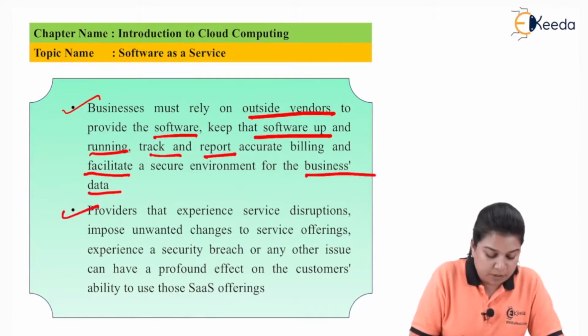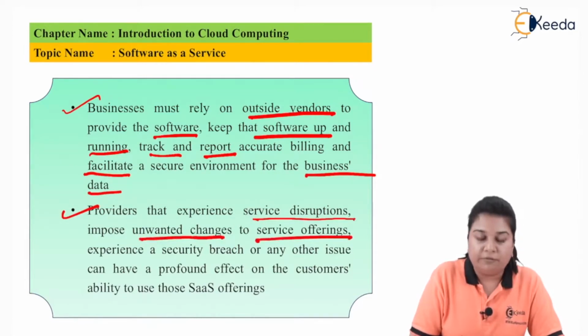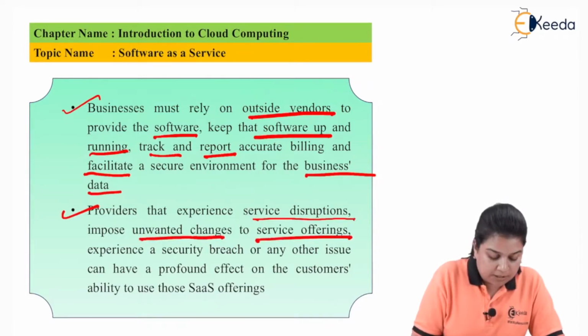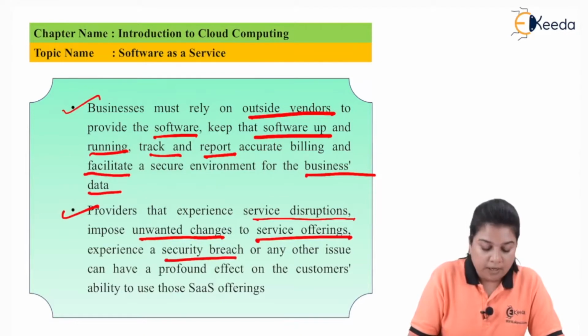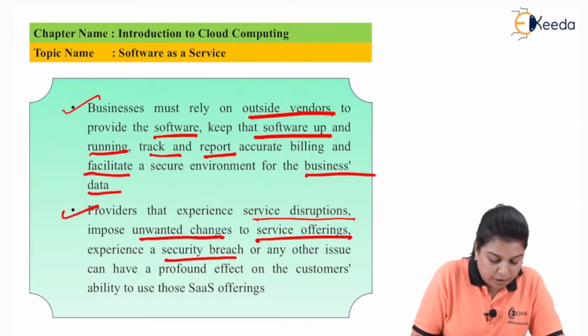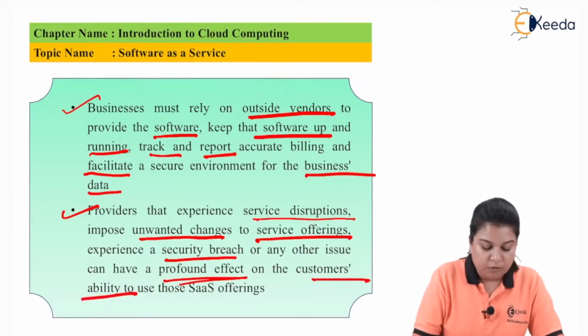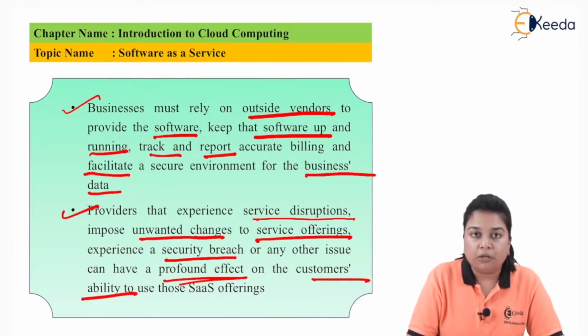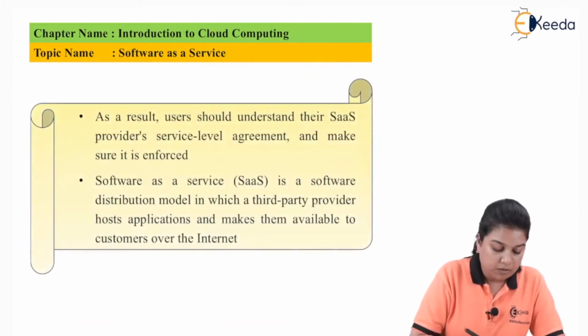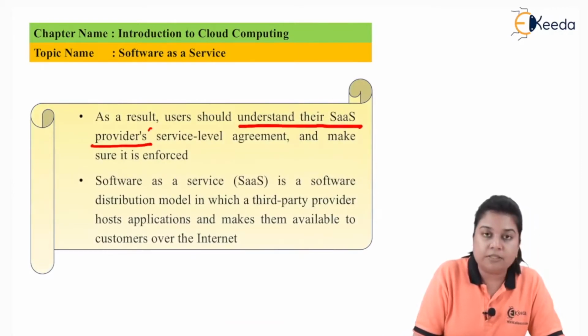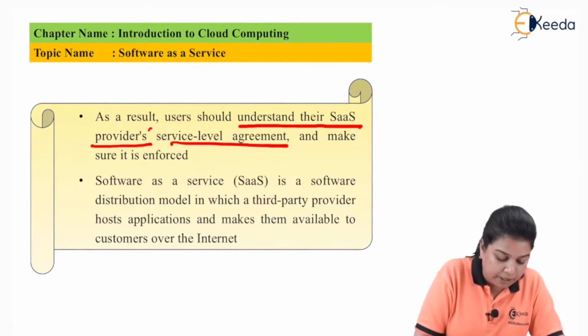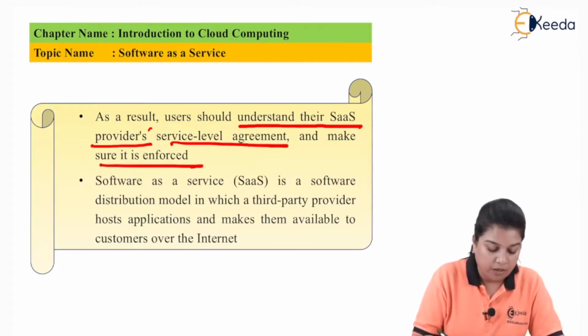Providers that experience service disruptions, impose unwanted changes to service offerings, experience a security breach or any other issue can have a profound effect on the customer's ability to use those SaaS offerings. As a result, users should understand their SaaS provider's service level agreement and make sure it is enforced.